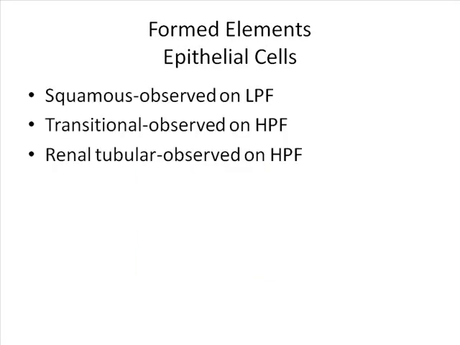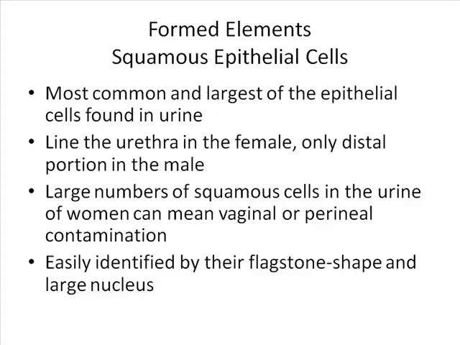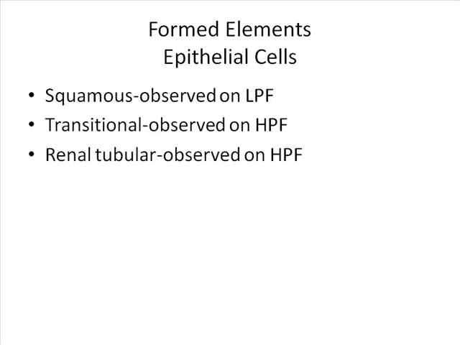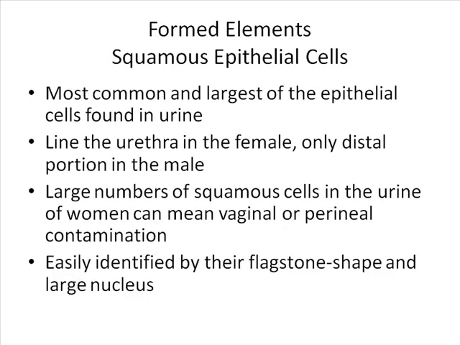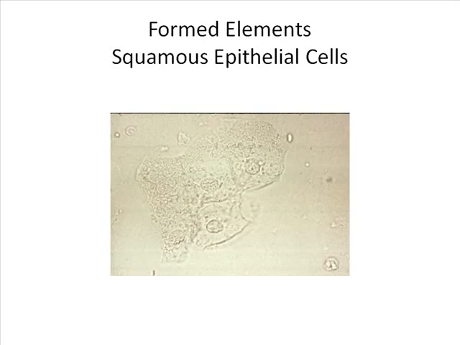Squamous, your types of epithelial, squamous, transitional, or renal tubule. You want to visualize and enumerate. Many labs enumerate on low power and then go to high power for observation or say what they are. So make sure you follow your lab's protocol on how to report them out. So squamous is the most common contamination. It is almost everywhere. It is that little flagstone type of looking cell.